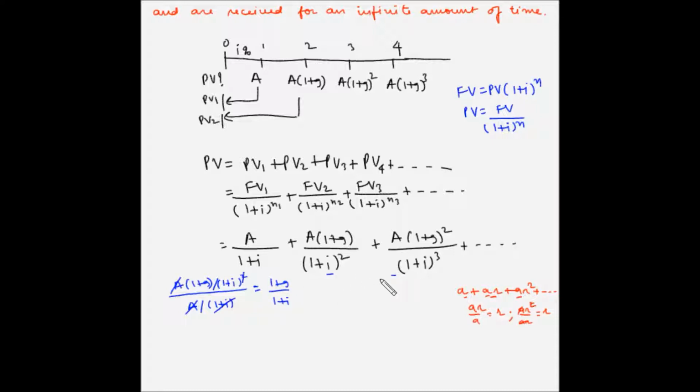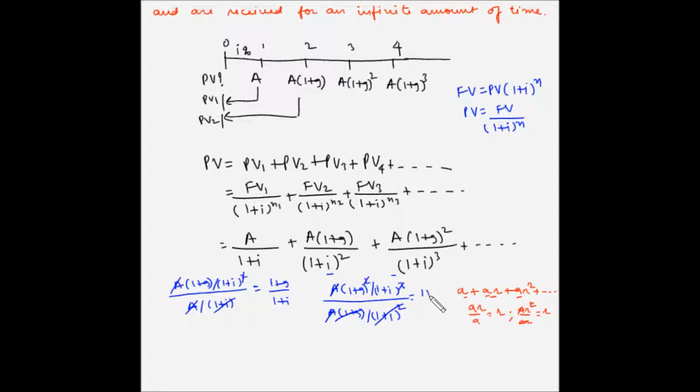Let's take these two. A into (1 + g)^2 divided by (1 + i)^3, divided by A into (1 + g) divided by (1 + i)^2. So here A gets cancelled with this A, this square gets cancelled with this (1 + g), and this gets cancelled with this cube.